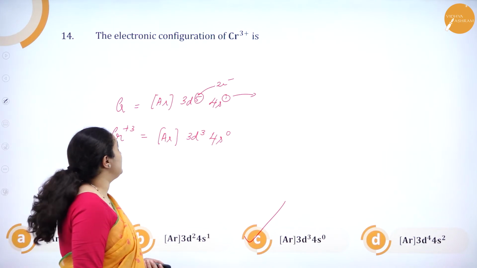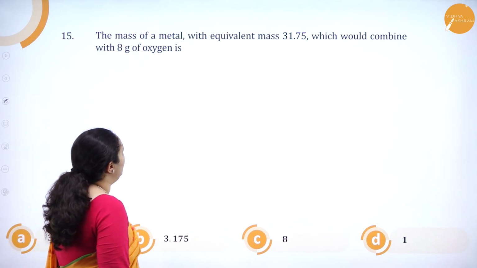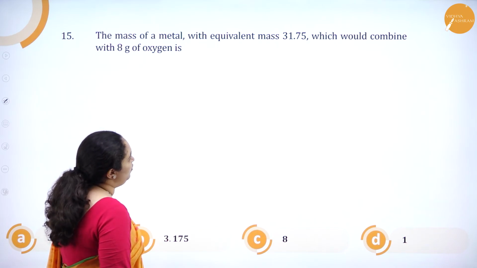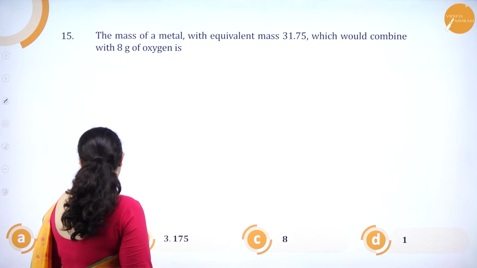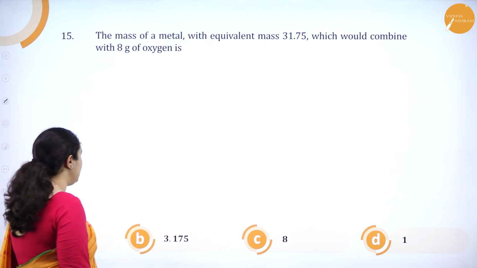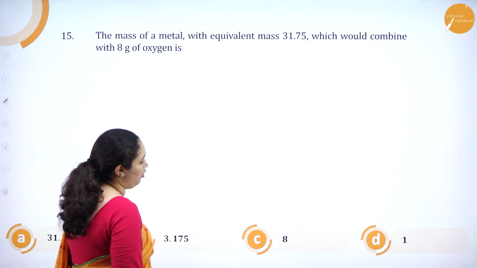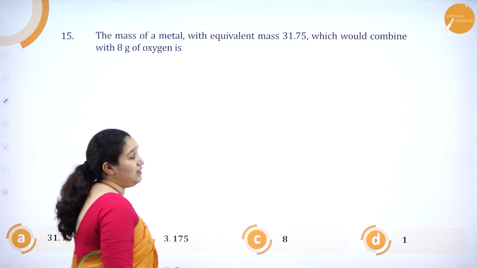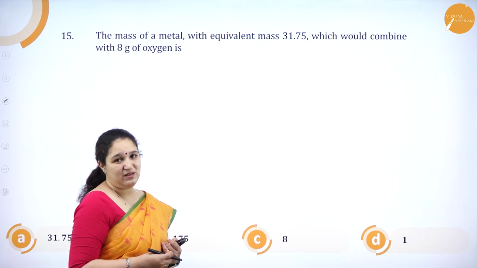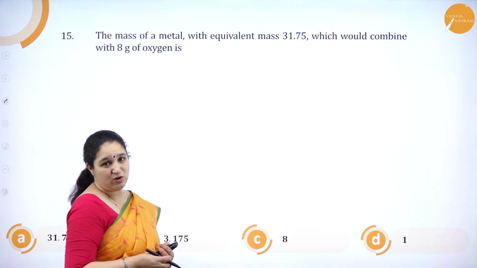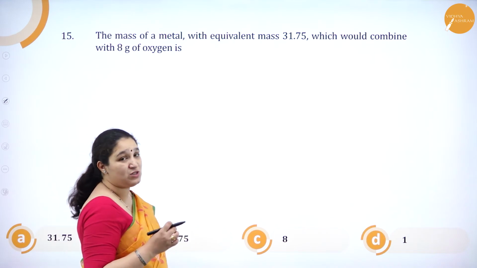We'll see the next question. The mass of the metal with equivalent mass of 31.75 which would combine with 8 grams of oxygen is option A 31.75, option B 3.175, option C 8, option D 1. See here, the equivalent mass of the metal is given and how much it would combine with 8 grams of oxygen is given. So we need to find the mass of the metal.